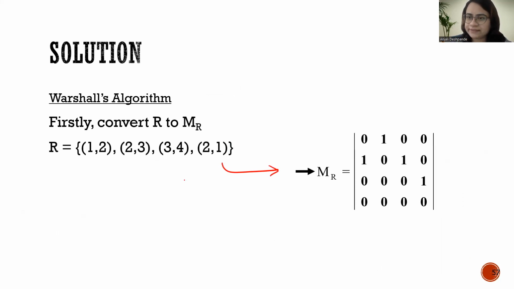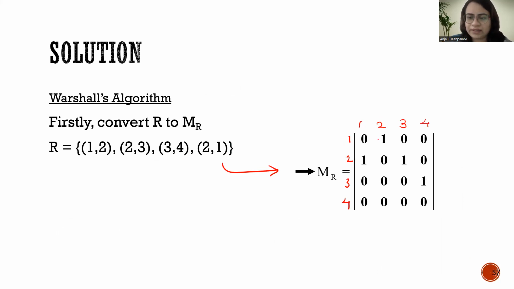We have already seen this concept in the previous video, representation of relation. Here, in the relation matrix, the rows correspond to elements in the first set, that is 1, 2, 3, 4, and columns correspond to the elements in the second set, that is also 1, 2, 3, 4.